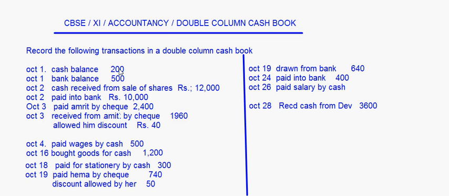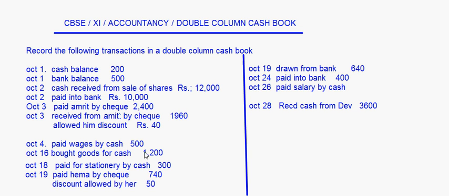October 1st, cash balance 200, bank balance 500, cash received from sale of shares rupees 12,000, then paid into bank rupees 10,000, paid Amrit by check rupees 2,400, received from Amit by check 1,960 and allowed him a discount rupees 40.